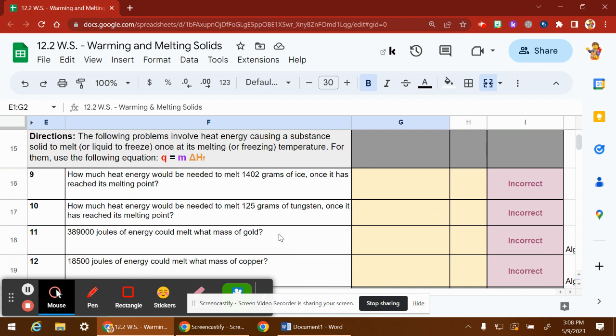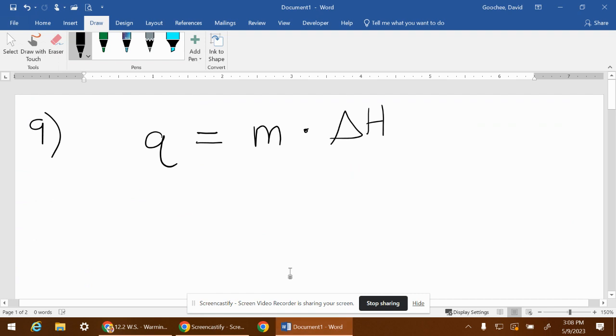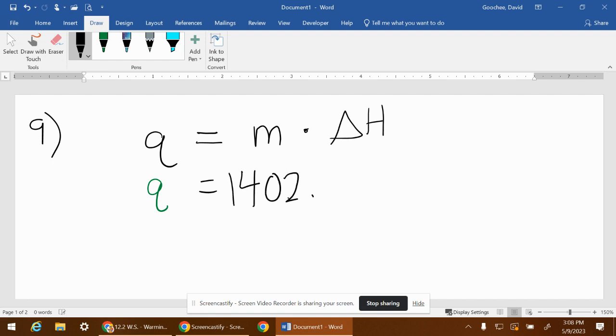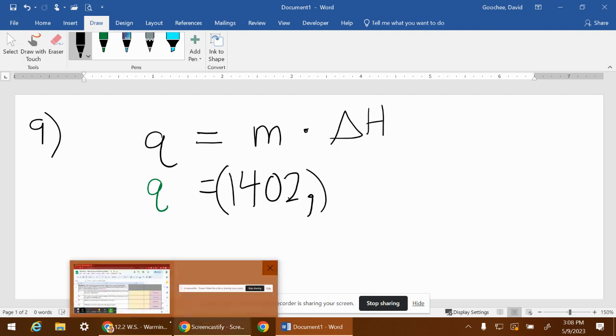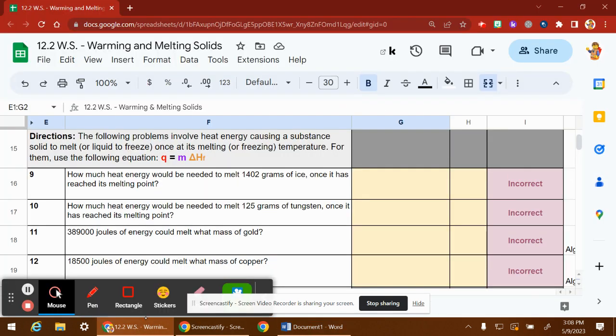So how much energy do you need to melt 1,402 grams of ice? Going back to this equation, we are trying to solve for the energy. We know the mass is 1,402 grams. Now, what is the heat of fusion for ice?